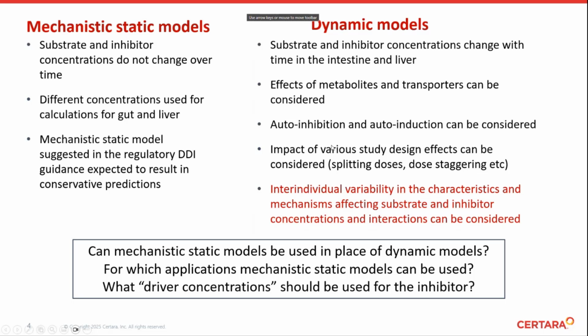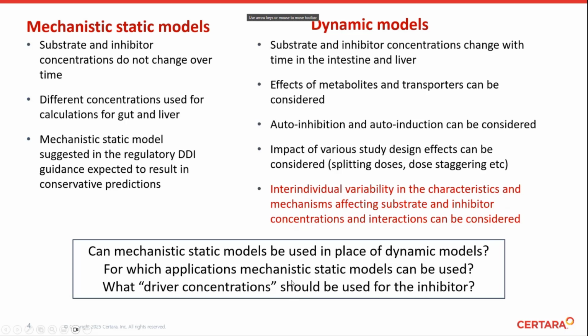clearly cannot replace dynamic models, there have been recently in the literature during the last couple of years papers addressing the question: can mechanistic static models be used in place of dynamic models, and more specifically, for which applications could they be used in place of dynamic models, and also what driver concentration should be used for the inhibitor in the static models.